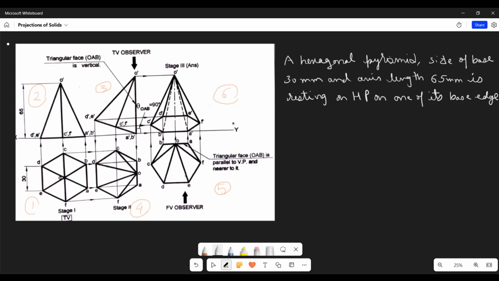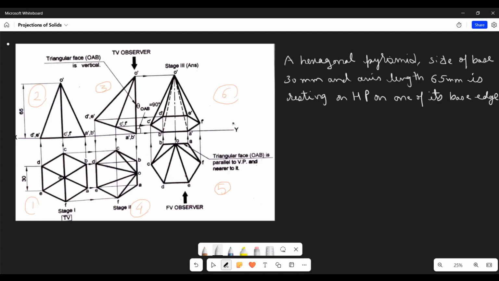And AB is also connected. It means that there are 3 lines which are joined with each other, O to A, A to B, and B to O. It means it is a face.